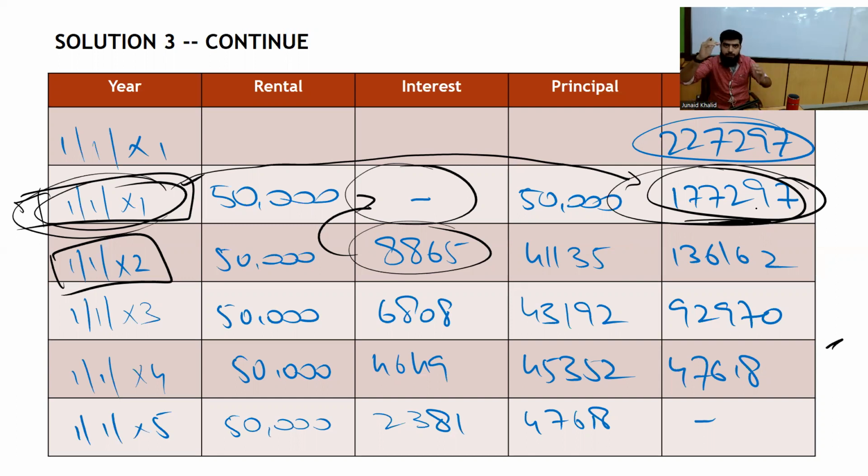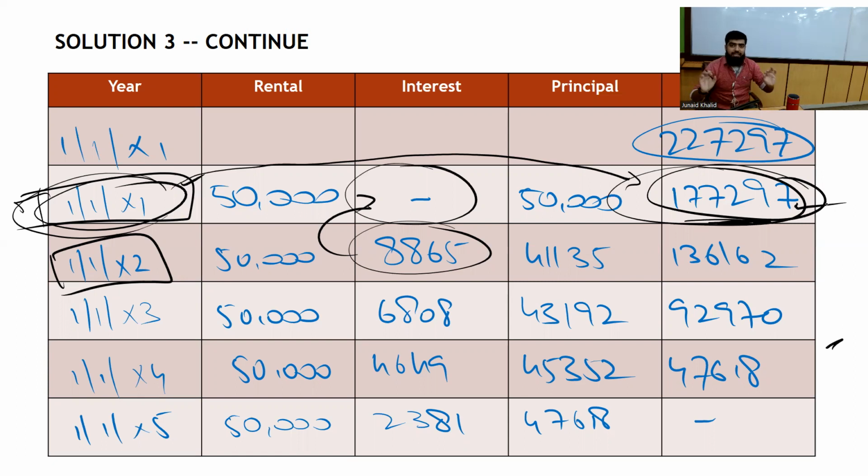If I ask you the total liability on 31st December, on 1st January 2001 we had a total liability of 177,297. Definitely we had an obligation of 177,297 on 31st of December as well.